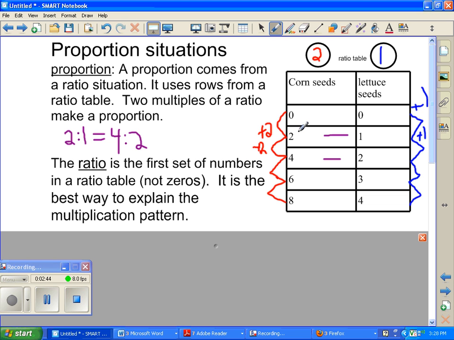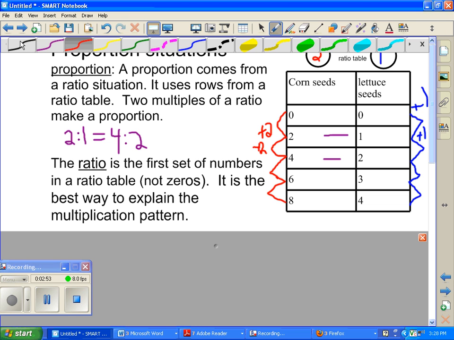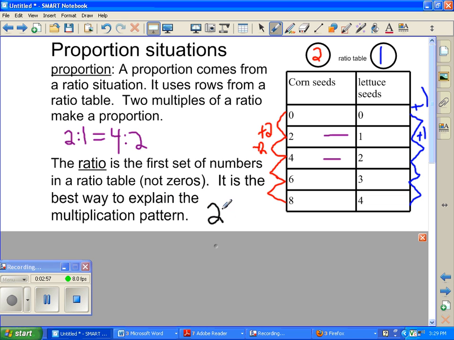Okay, so if we look here, the ratio for this table will be 2 to 1. And it's the first set of numbers in the ratio table that are not zeros.